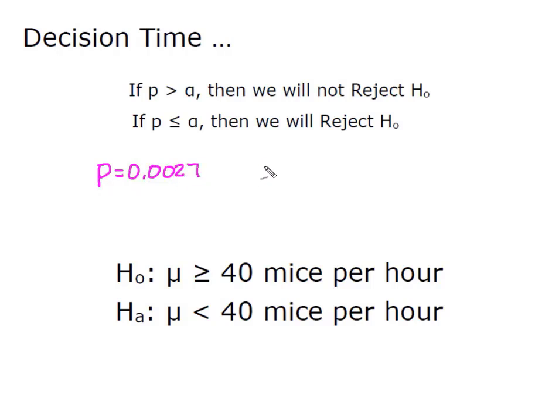I tested at an alpha equal to 0.10. So p is lower than alpha. So our decision will be to reject H0. There is sufficient evidence to support Bob's claim that his mice inspectors are slower than average.